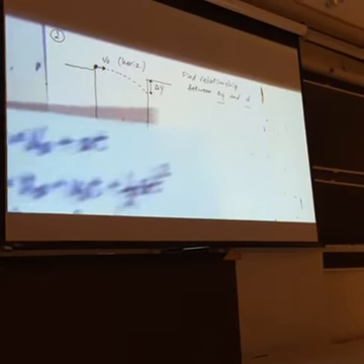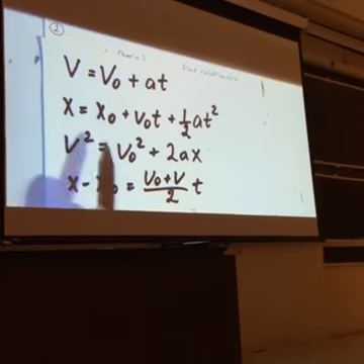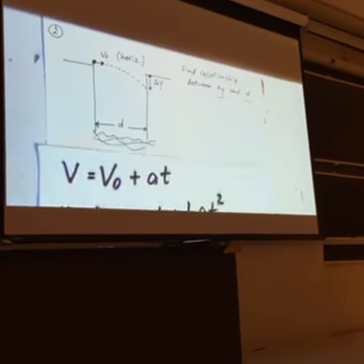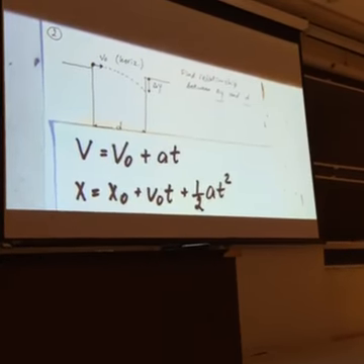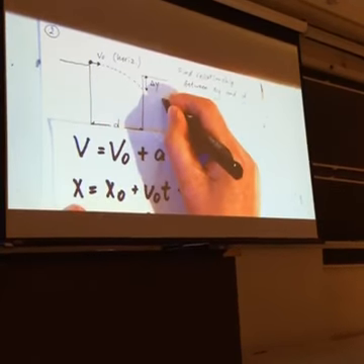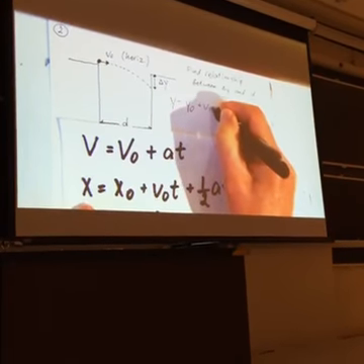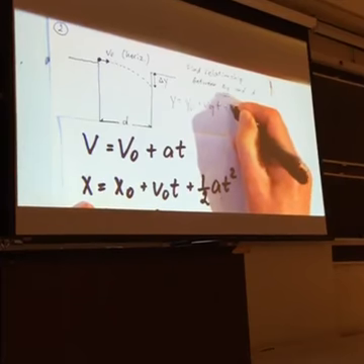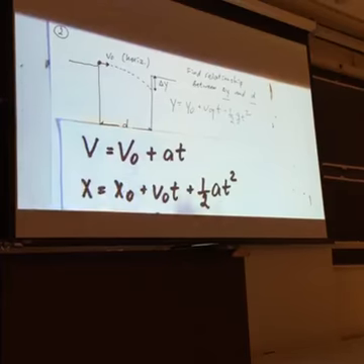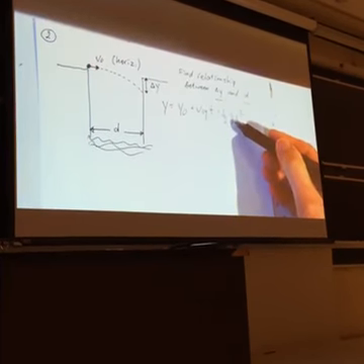So I can use the second formula, I can write this for the y component of motion. Y equals y0 plus v0 t minus 1/2 g t squared. I'm writing this for the vertical component. In the vertical direction, I have acceleration negative g.